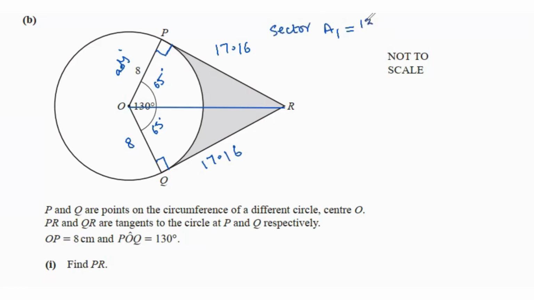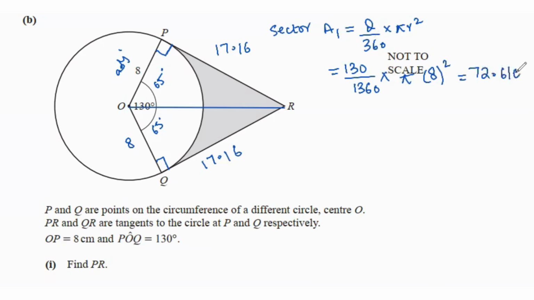That's going to be theta over 360 times pi r squared, which in our case is 130 over 360 times pi, and the radius is 8 squared. So if we solve this, that gives us the value of 72.61 centimeters squared.